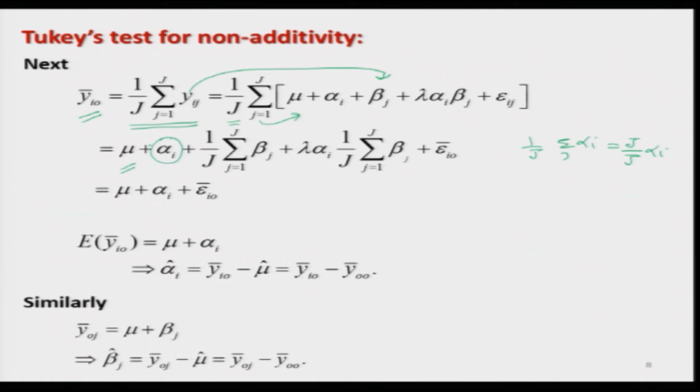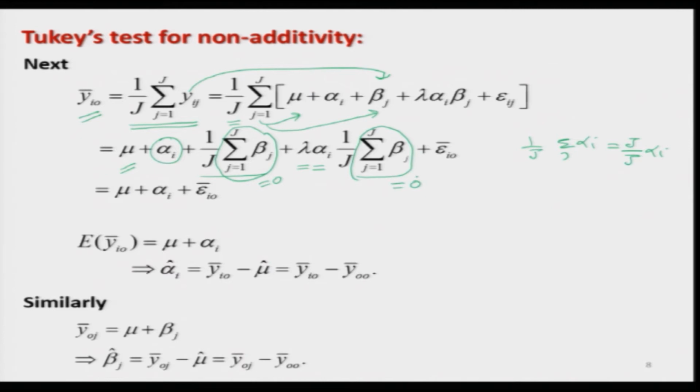Now, when this summation sign comes over beta j, this becomes 1 upon j summation over j of beta j, and you have assumed that summation beta j is equal to 0. So this term becomes 0, and for the remaining part this becomes lambda into alpha I, 1 upon j into summation over j of beta j, which is equal to 0.